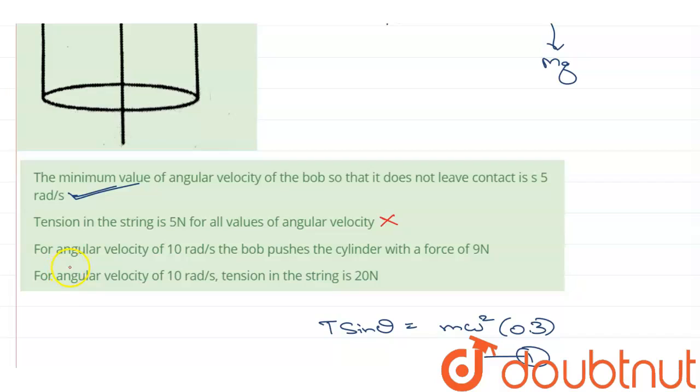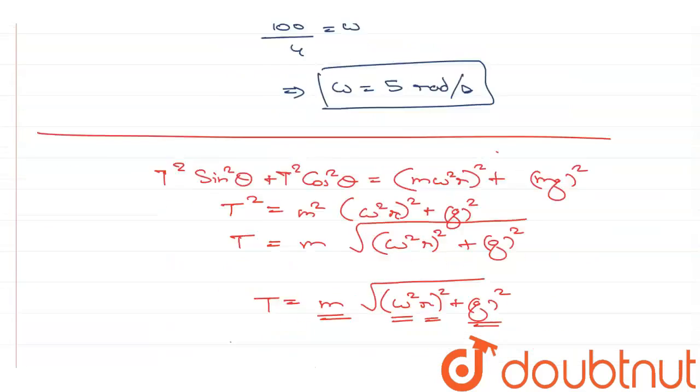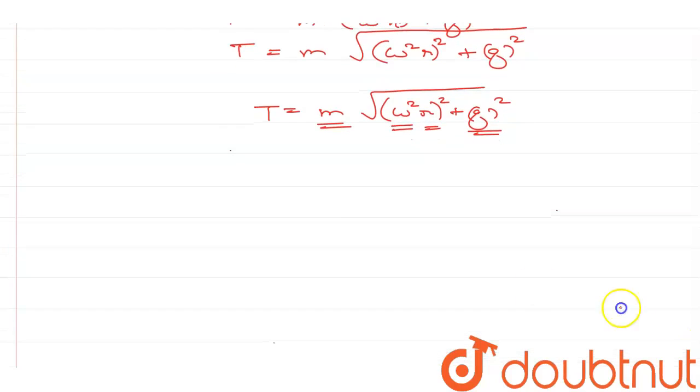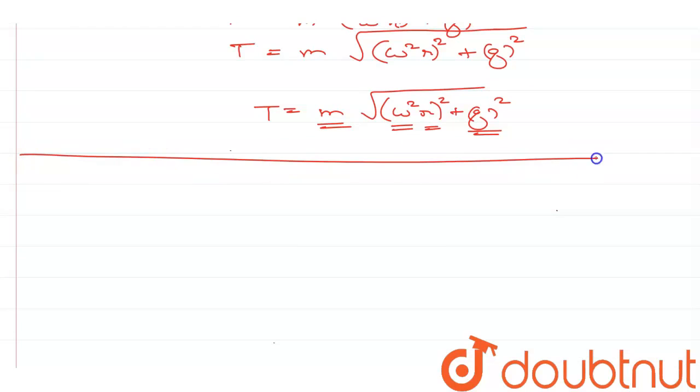Third statement says that for angular velocity of 10 radian per second, the bob pushes the cylinder with a force of 9 Newton. So, we have already calculated that for angular velocities beyond 5 radian per second, the bob is in contact with the inner surface of the cylinder.